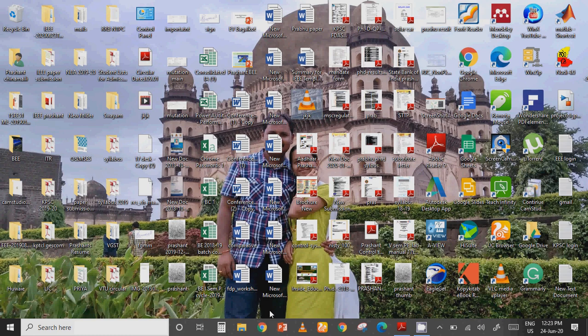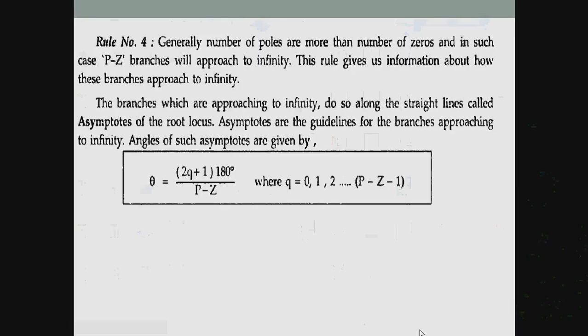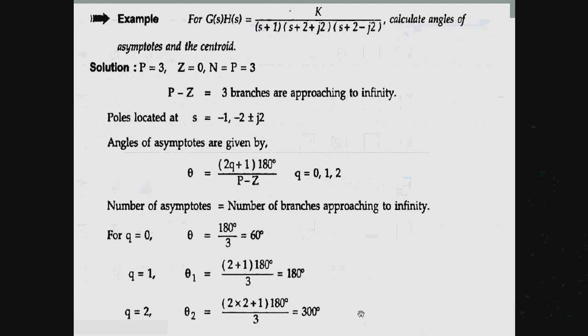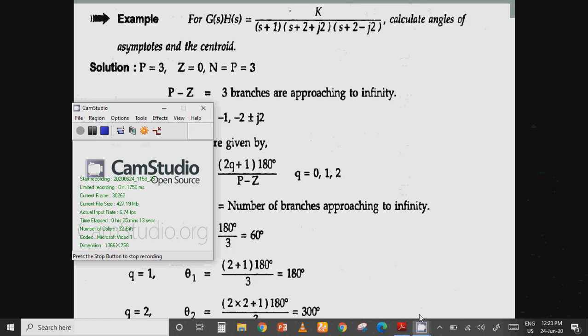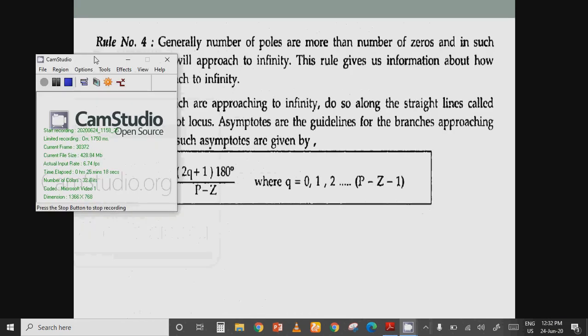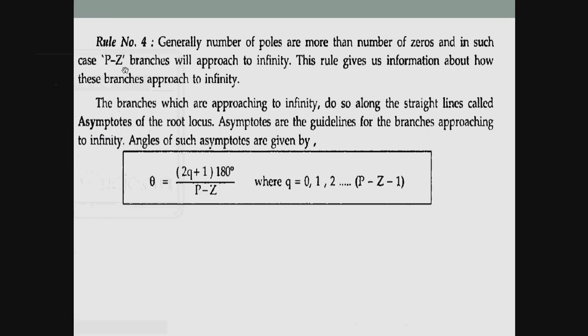Now what is rule number 4? What does rule number 4 generally say? Generally the number of poles is more than the number of zeros.